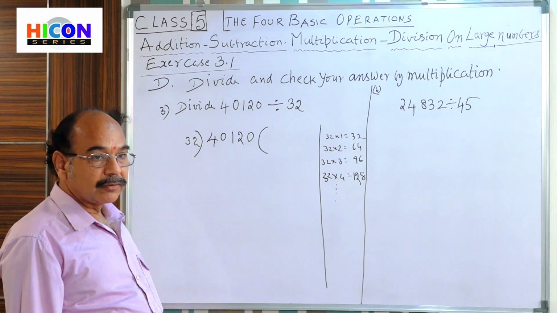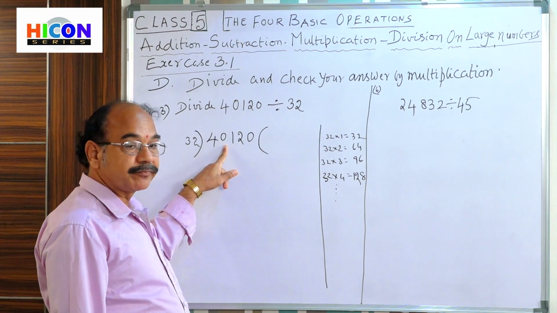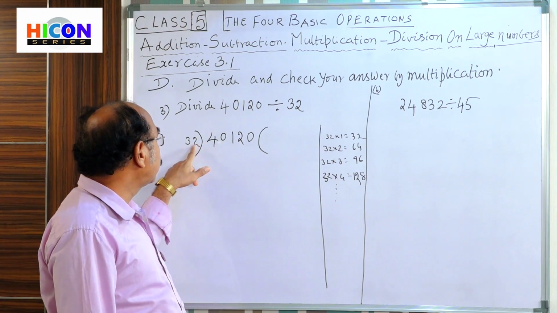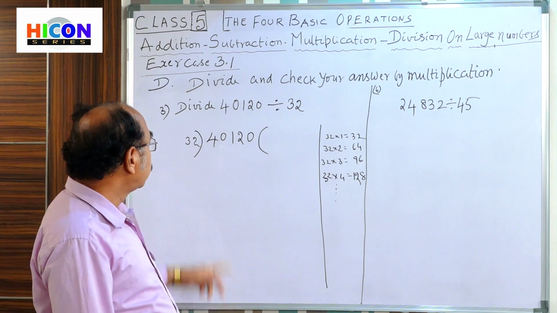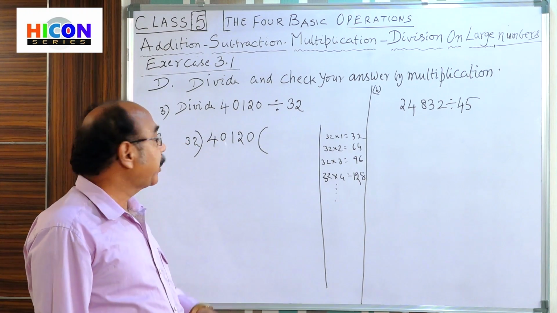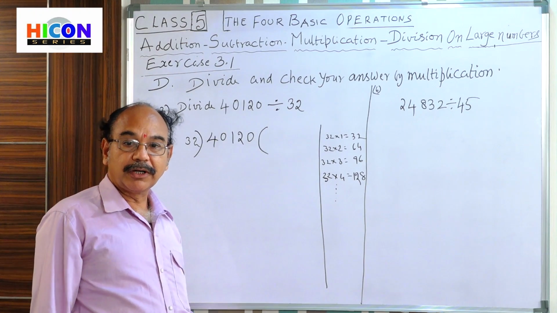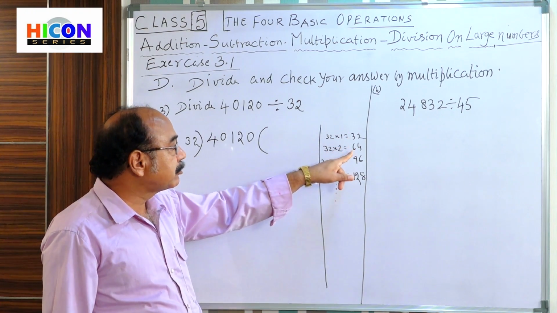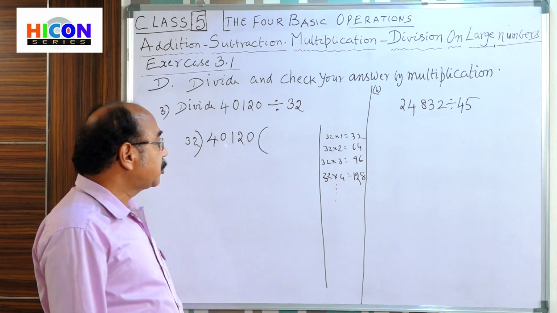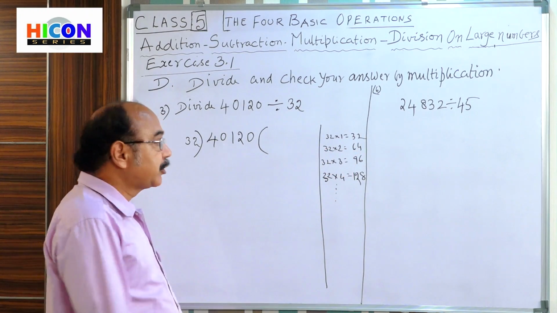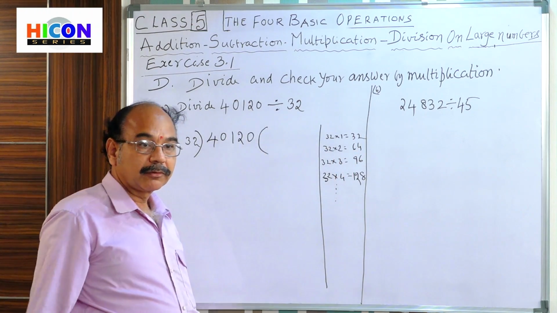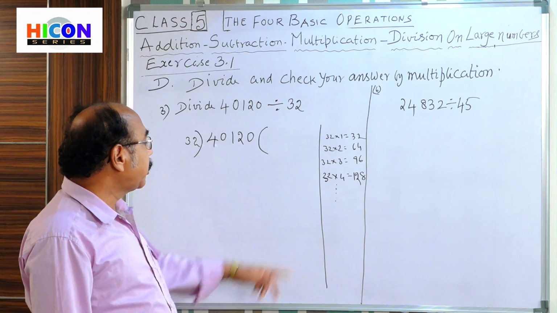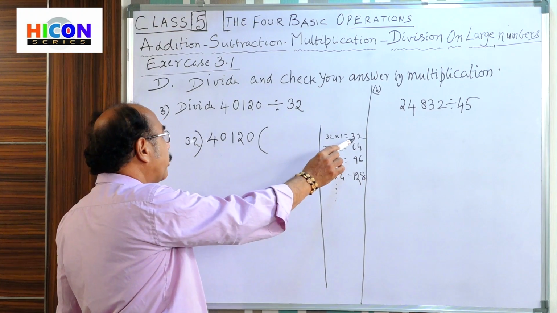Now, first of all, see in 40. 40 is greater than 30. So, in 40, 32, how many times will it go? 32 ones are 32, 32 twos are 64. 64 is the bigger number than 32. 32 is the smaller number.